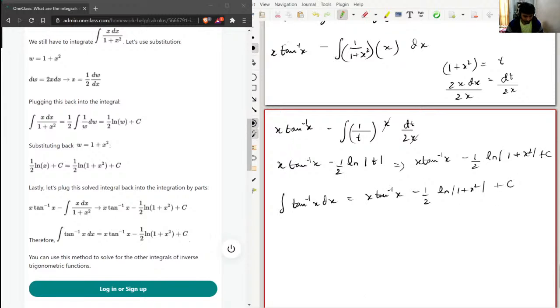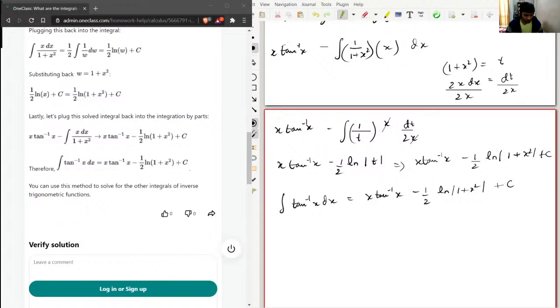So always remember to write this c. So finally they have found that the integral of tangent inverse of x dx is x tangent inverse of x minus half ln of 1 plus x square plus c. Now you can use this method to solve for the other integrals of inverse trig functions.